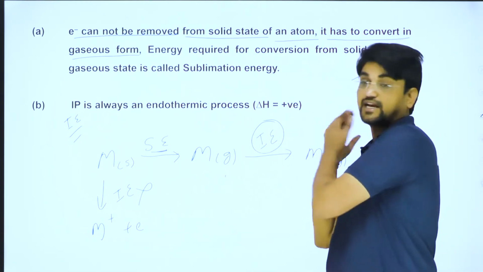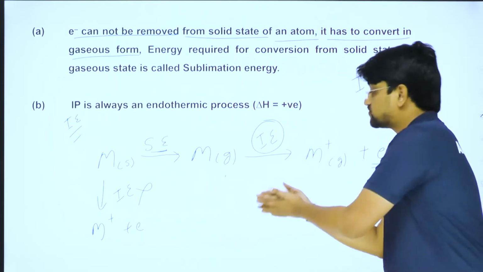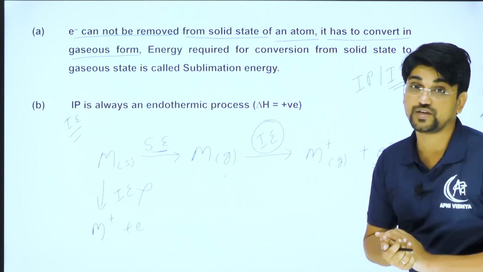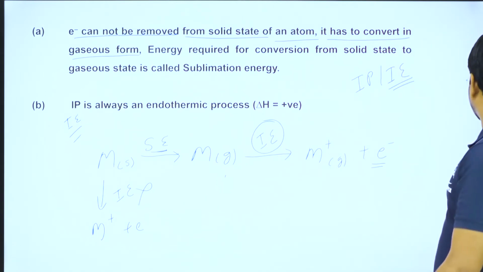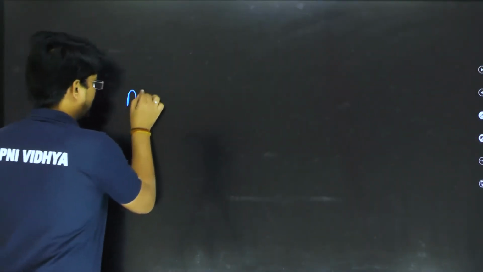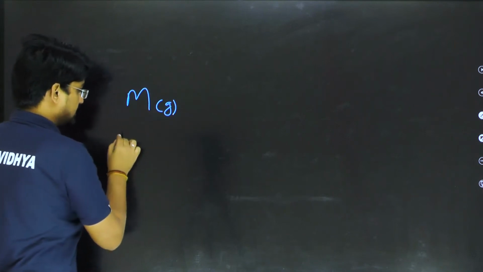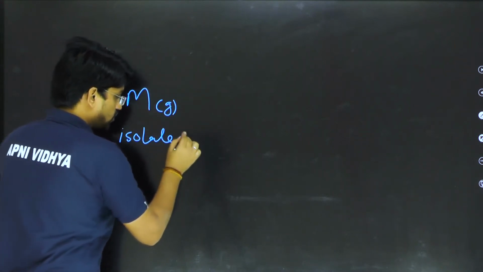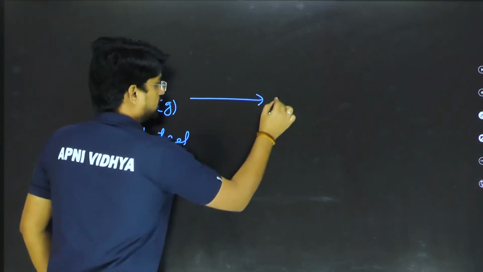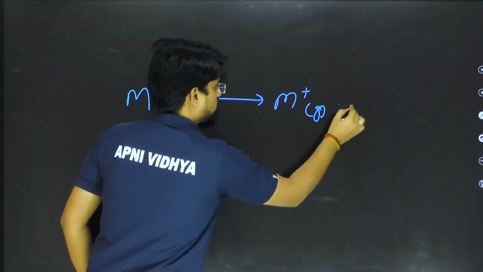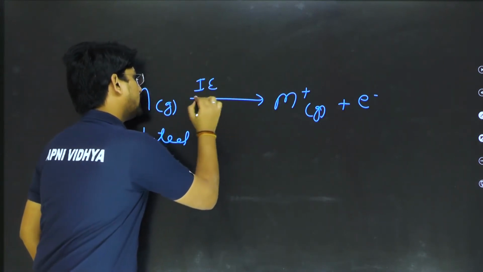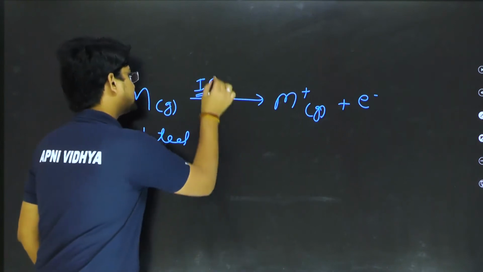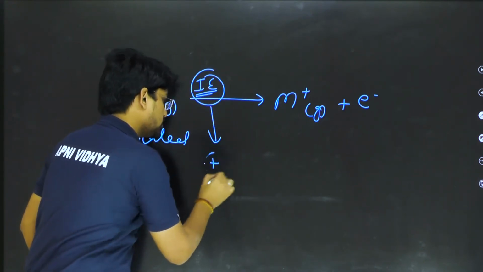If we are removing energy from this system, or this system is releasing energy, then that will be an exothermic system. So clear? What I have told you till now is: an atom should be in gaseous state, should be isolated, and it is converting into an ion, and the energy required is called ionization energy, and this energy is positive.